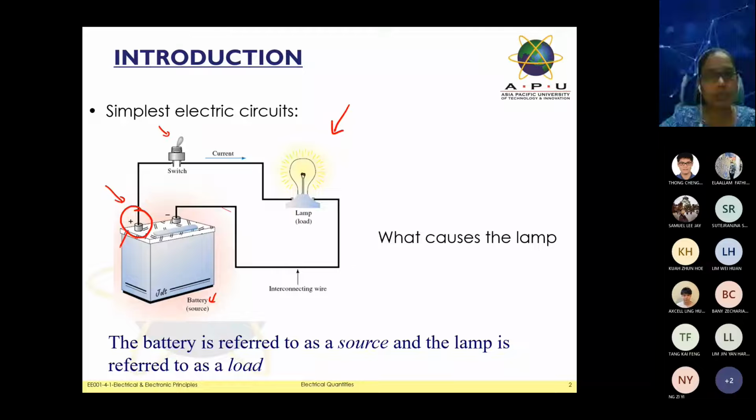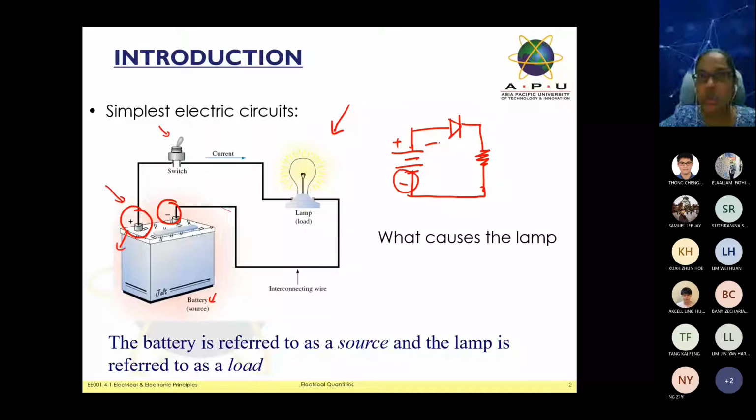So for example, I have a diode. Diode is one of the electric components, and then I have a resistor. Resistor is also a component. So it's connected. From here, you can identify it as a simple or basic circuit. We always should have the positive polarity connected to the components, and at the end connected to the negative. So it's where we have a loop. This shows the loop connections.